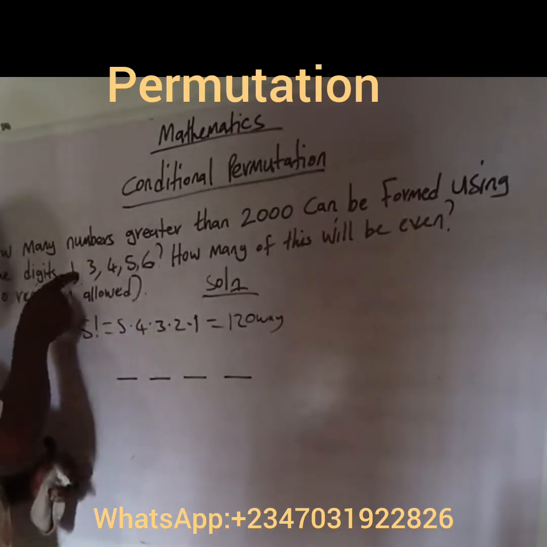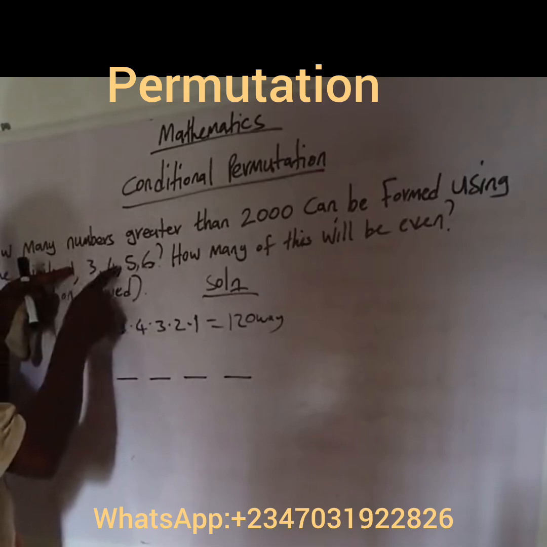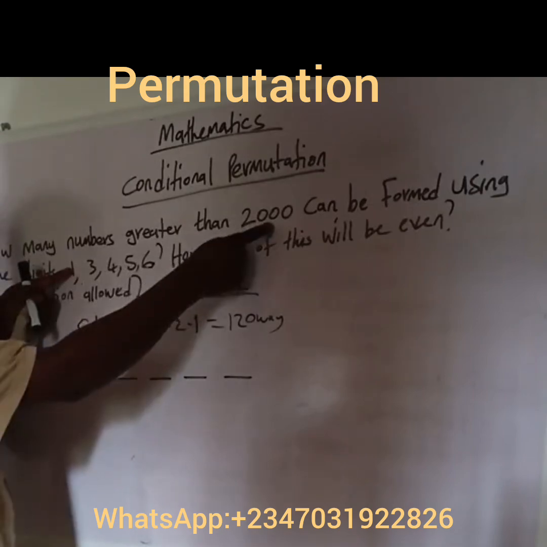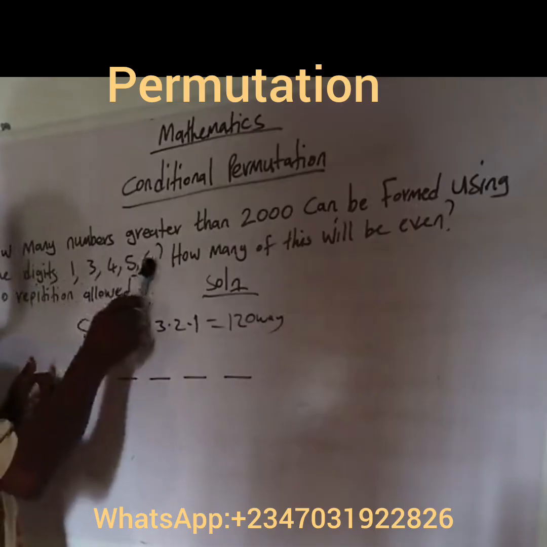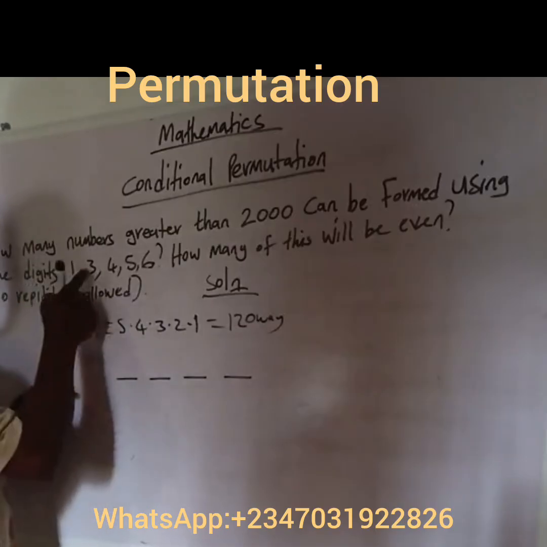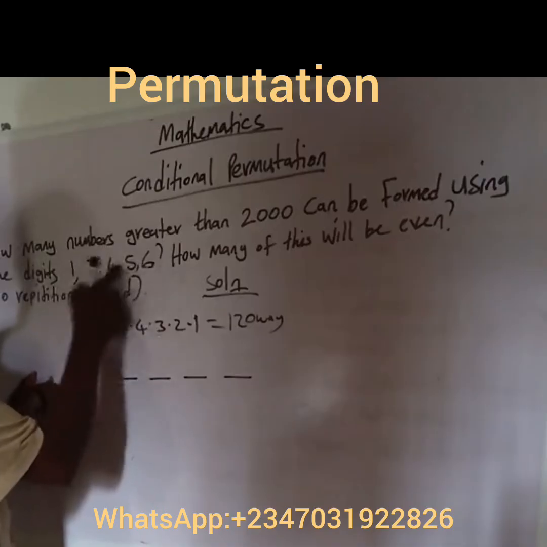Because if you use 1, for example, 1, 4, 5, 6 gives 1456, which is less than 2000. So 1 cannot start, but any of these numbers can. Since we need 4 digits, there are 4 ways to pick the first number.